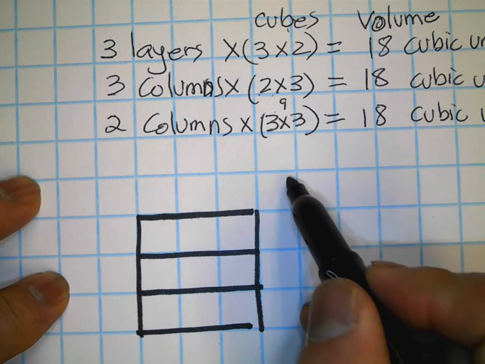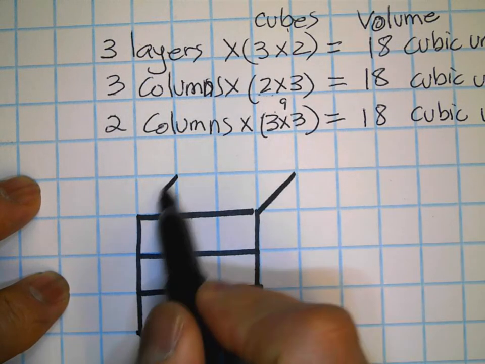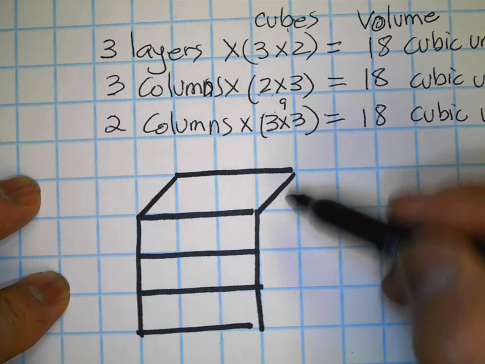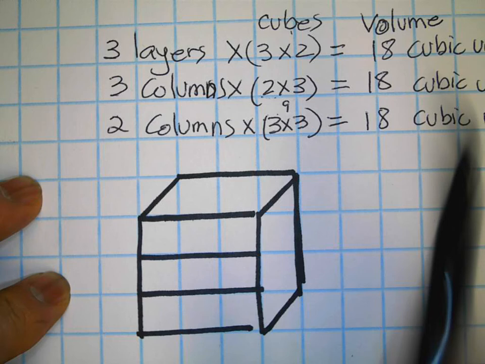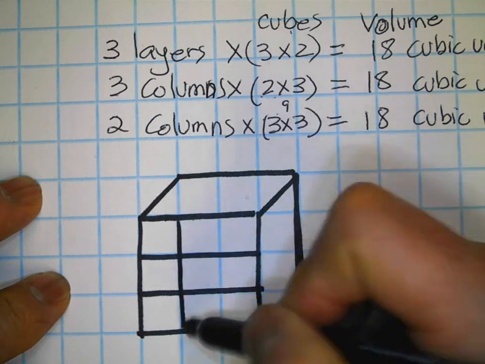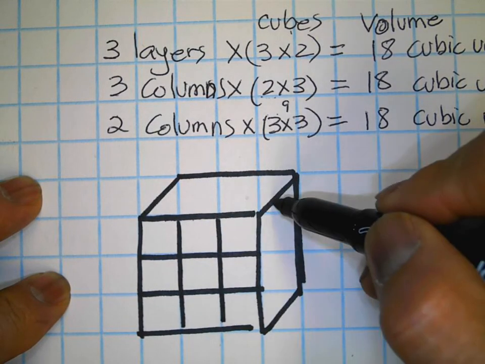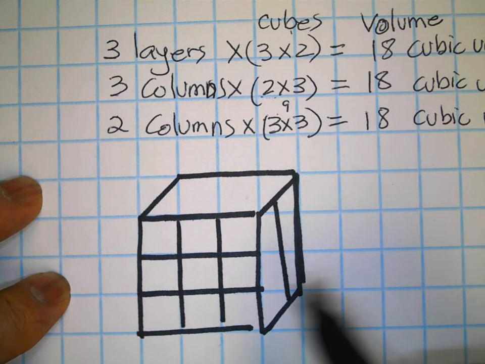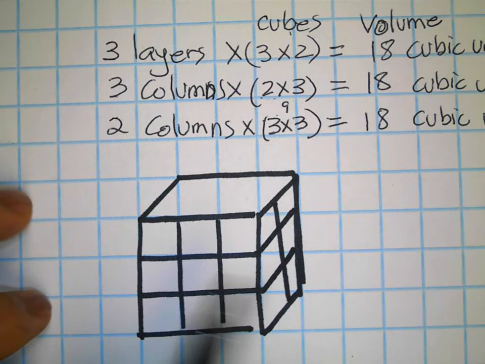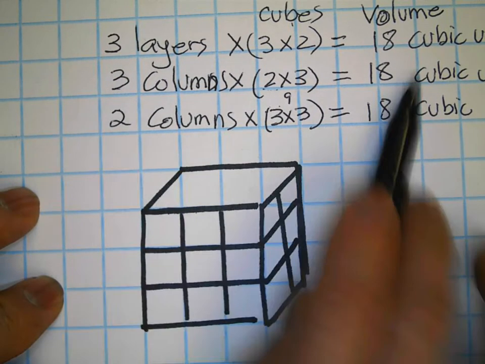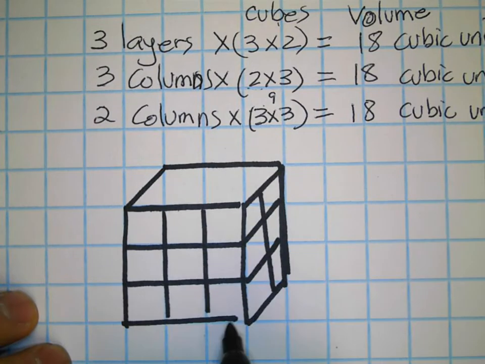So I need to show that this is a prism. And I have to show 3 by 2. So there has to be 3 right here and 2 on the side. And now I'm going to follow this diagonal line across and across. And that should show all of what I have in here. That should be the shape.